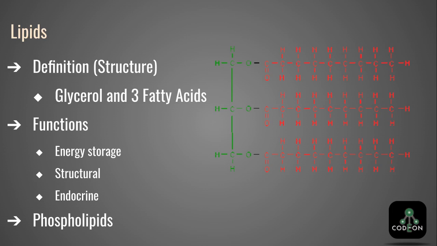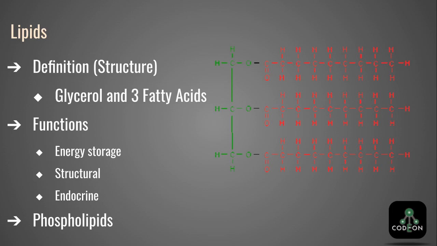So we see in red the three fatty acid chains, and these fatty acids are going to have carboxyl groups at the left side. So you'll see C double bond O. So when the alcohol functional group, which we will explain more later, reacts with the C double bond O carboxyl group, we form a lipid.